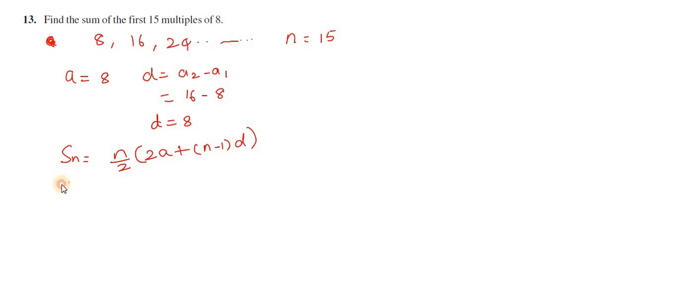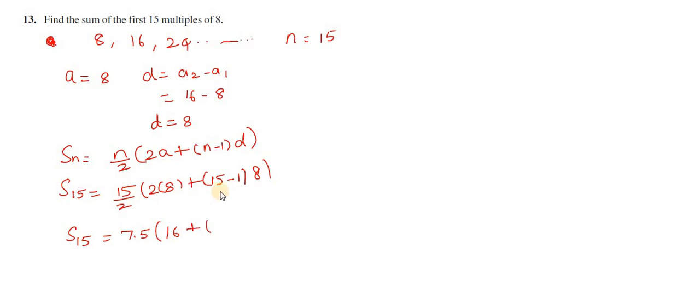So S15 is equal to 15 by 2 into 2 times 8 plus 15 minus 1 into 8. 15 by 2 is 7.5, and 2 times 8 is 16 plus 14 into 8.